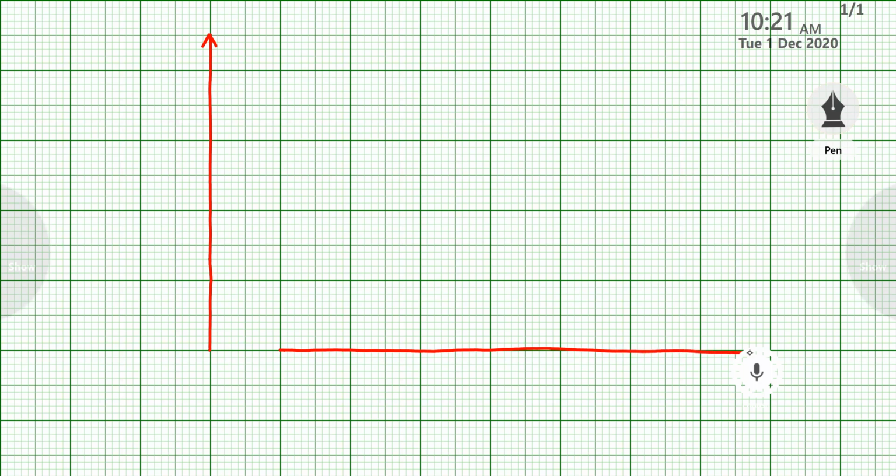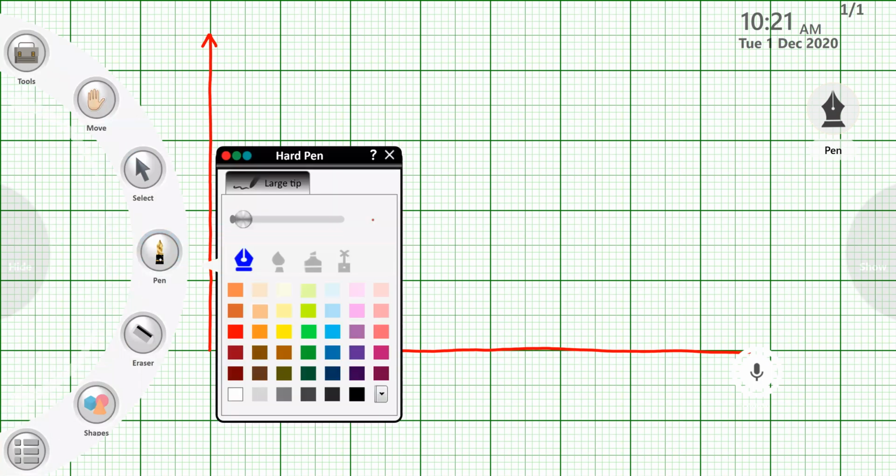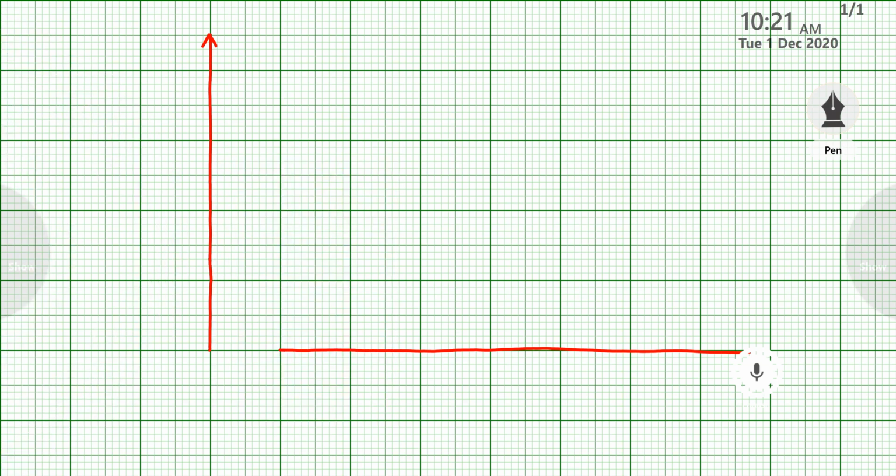Why am I giving a gap here? Because the first interval he has not given is 0 to 50. That's why we want to write a curve here. There is no data between 0 to 50.